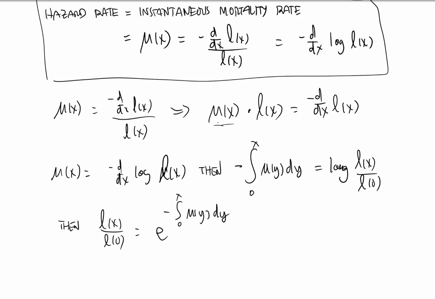And that must mean that L of x equals L0, our radix, times e to the minus integral from 0 to x of mu of y dy.